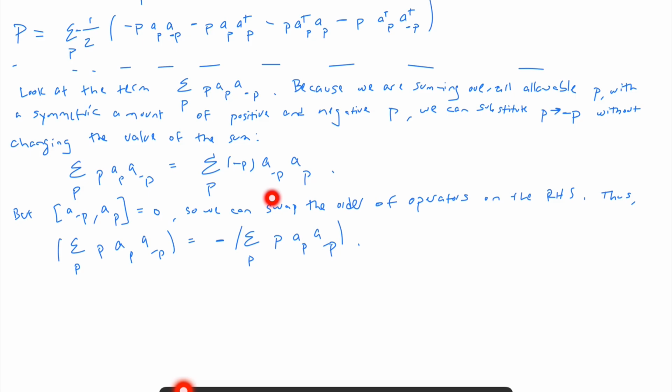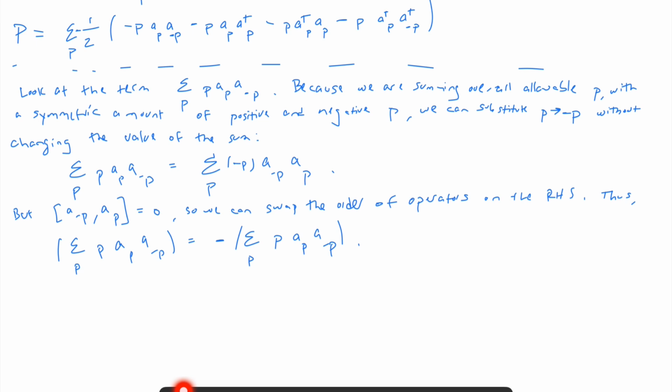But also remember that we can use our commutator law, which basically says that if we have a p and a q, the commutator of those is always equal to 0. So if the commutator of any two operators is 0, we can just swap the two without thinking about it.